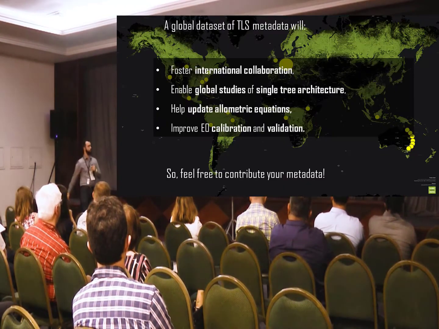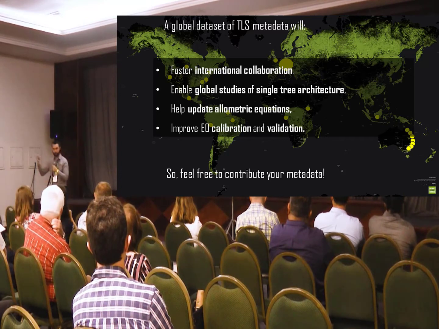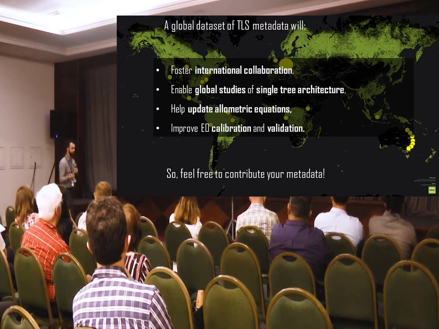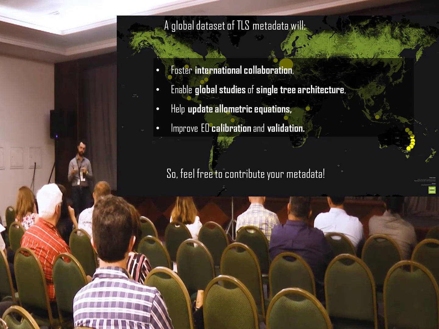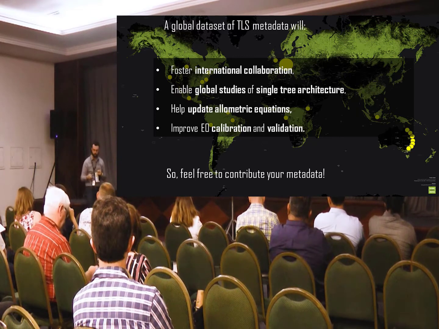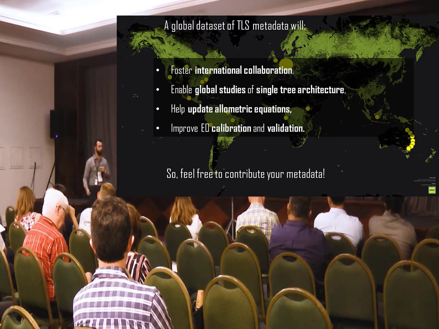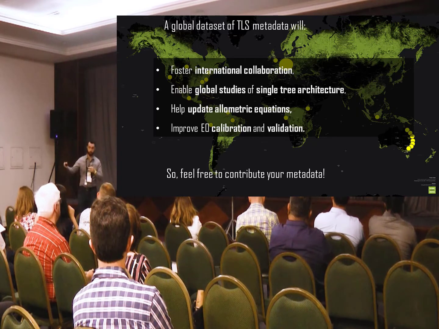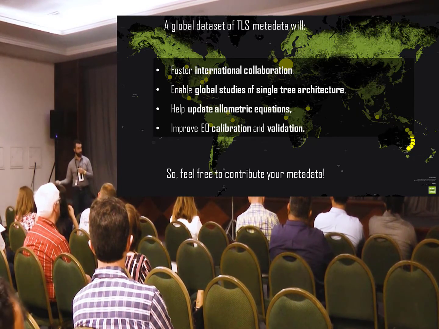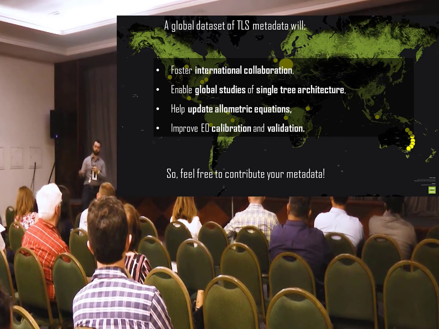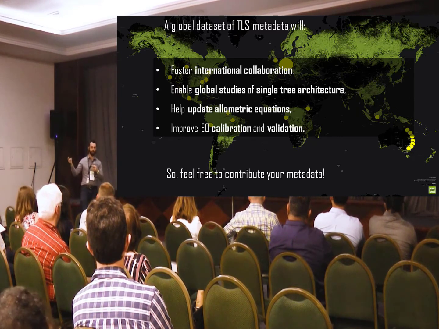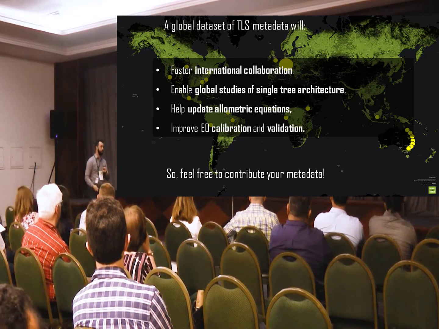And cool. So, in summary, I think that this global data set of metadata, the role that it's going to play, potentially with your involvement, would be to really improve and foster international collaboration, enable these larger scale studies to understand the drivers of individual tree architecture in lots of different ecosystems, and help update these allometric equations that every bit of the global estimate of carbon storage relies on.